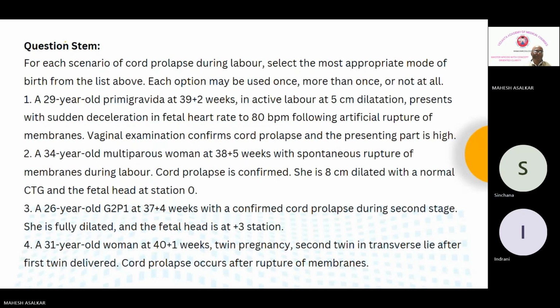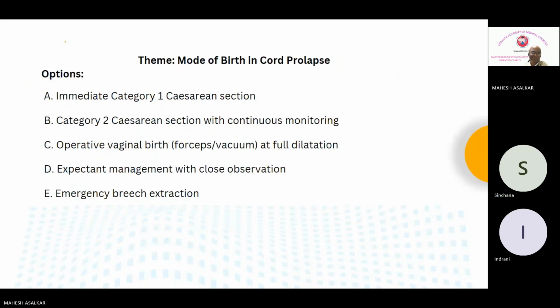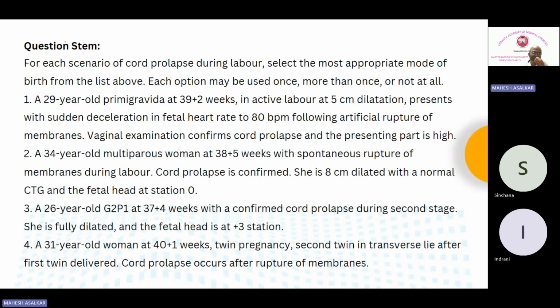Next. A 34-year-old multiparous woman at 38 plus 5 weeks with spontaneous rupture of membranes during labor. Cord prolapse confirmed. She is 8 centimeter dilated with a normal CTG and fetal head at station 0. Everything is normal, CTG normal, 8 centimeter dilated, station is at 0.